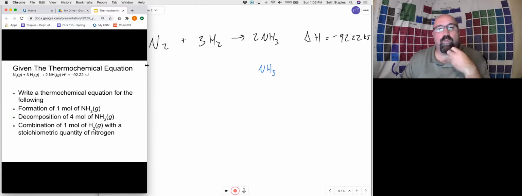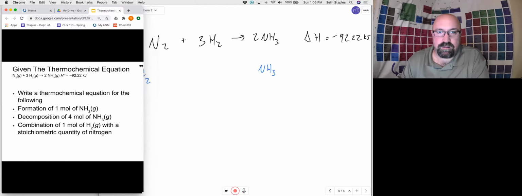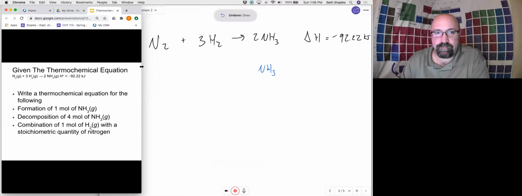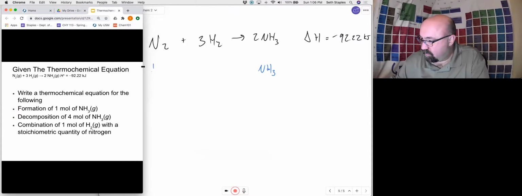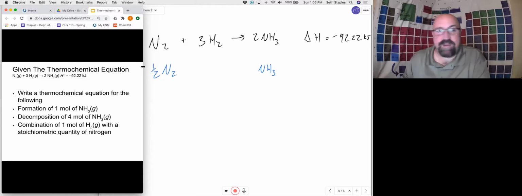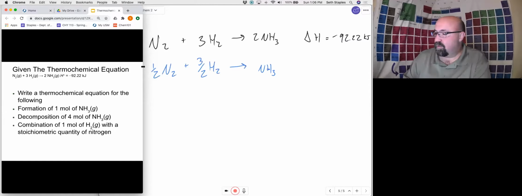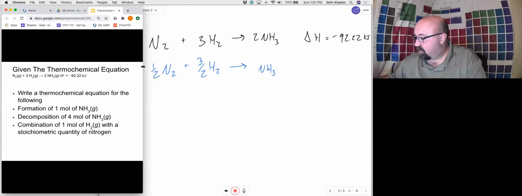Because in order to form 1 mole of NH3, I'm only going to need to start with half a mole of N2 and 3/2 of a mole of H2. So I'm looking at only forming 1 mole of NH3 instead of 2 moles.